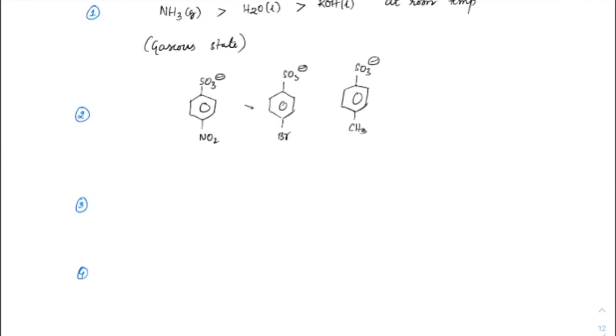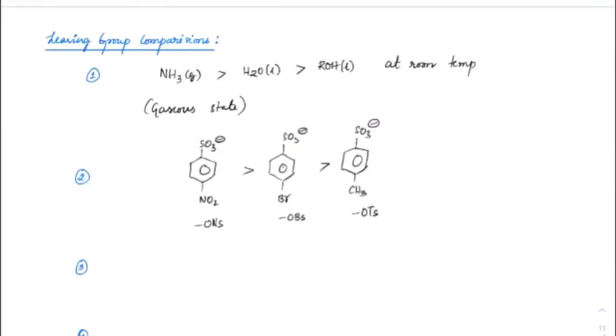If you compare these, definitely the one which has more withdrawing nature will stabilize the carbanion better. These bases will be more stabilized when you have electron withdrawing groups. NO2 is a better electron withdrawing group compared to Br, compared to CH3. So this is nosylate, this is brosylate, and this is tosylate. This would be the order of leaving groups.